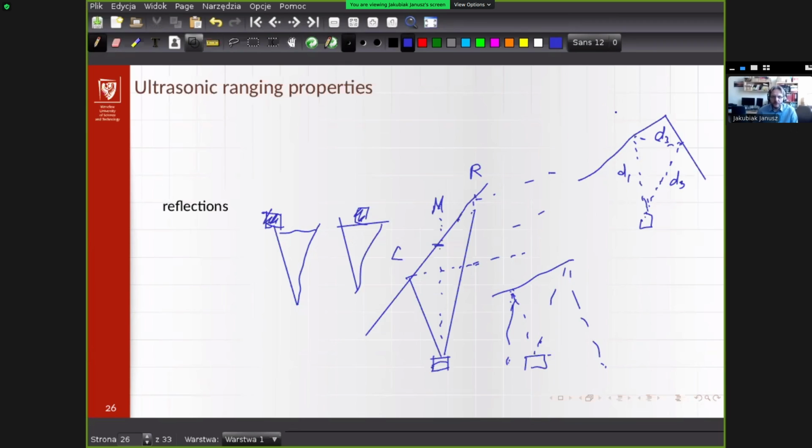When you look a little bit closer at the geometry, you will find out that this will create a virtual wall visible by the sonar that will be more or less like that, because this half of the distance is equal to that part, and this part is equal to that part. So that will create that kind of virtual wall.